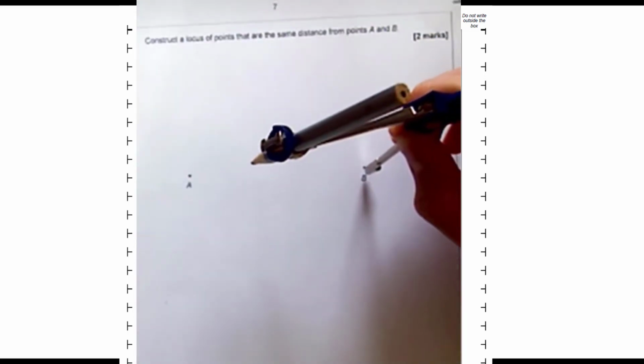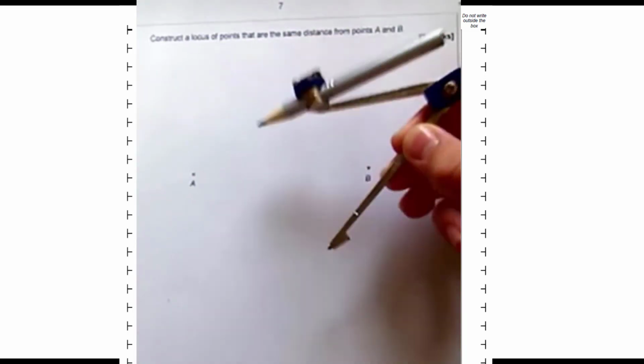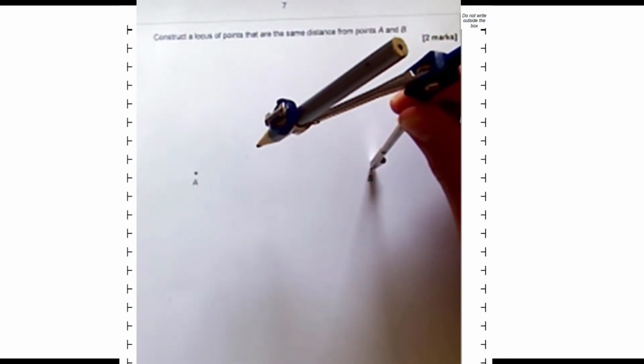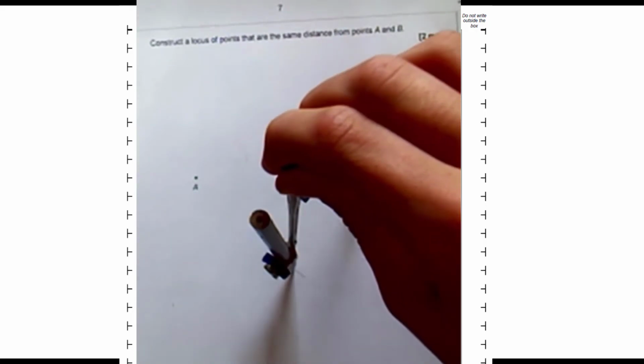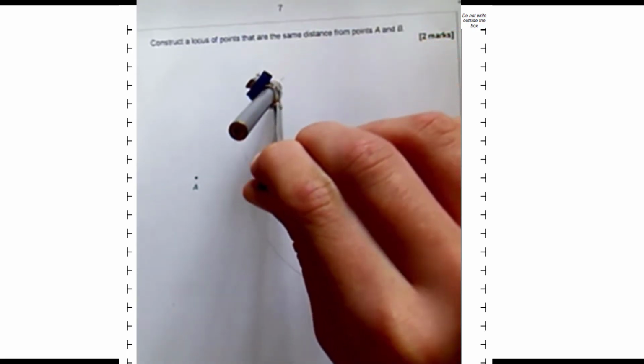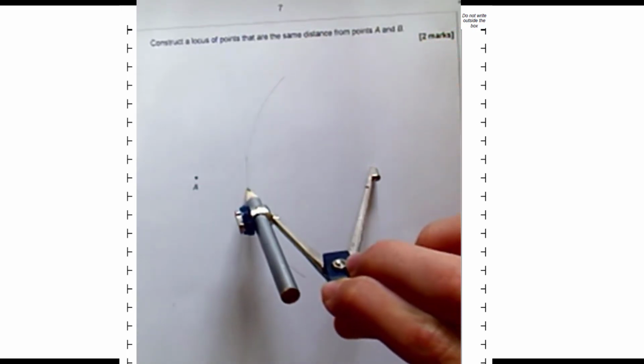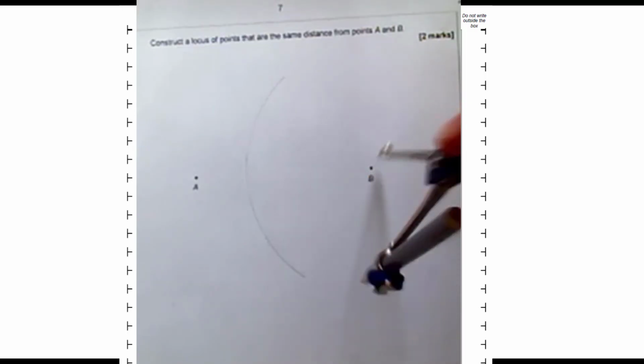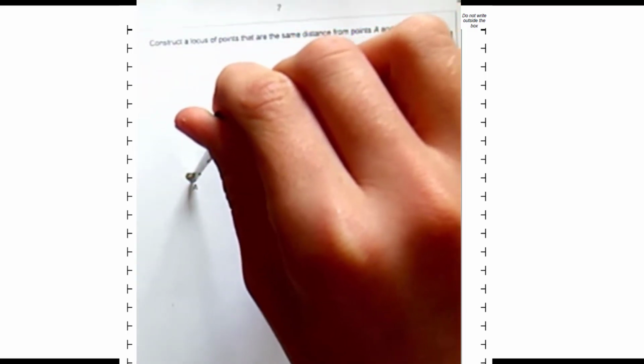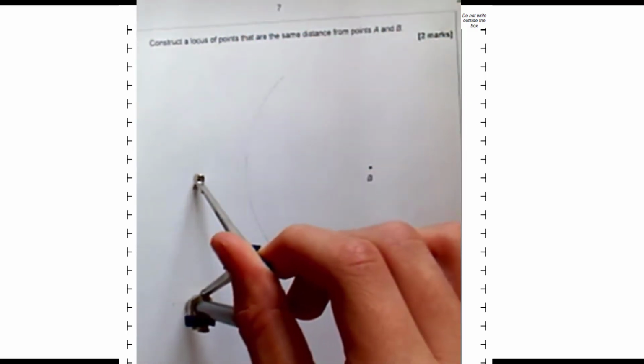Okay, so then put the compass tip into one of your 2 points. Make sure the distance between the pencil and the tip is more than half the way between your 2 points, like 2/3 to 3/4 is a good idea. Then stick the compass point in one point and draw an arc between your 2 points, and then switch over to the other point and draw a second arc.